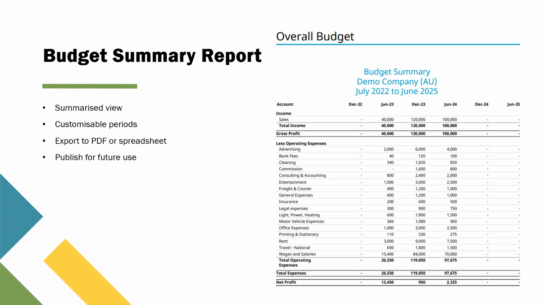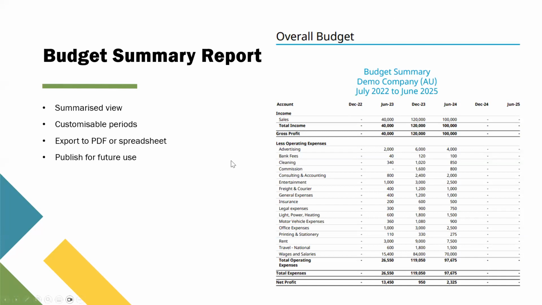You need the advisor or the standard plus reports or a read-only user role to access this type of reporting. An example of this report is on the screen for you, but let's get into a live demo in our demo company and I can show you how to run this report.